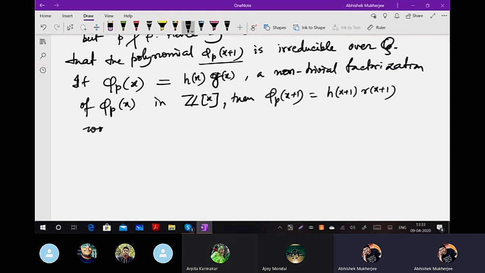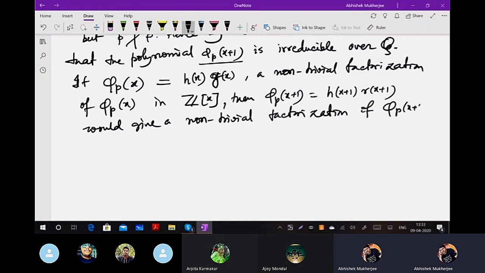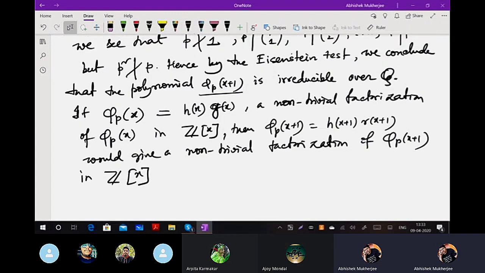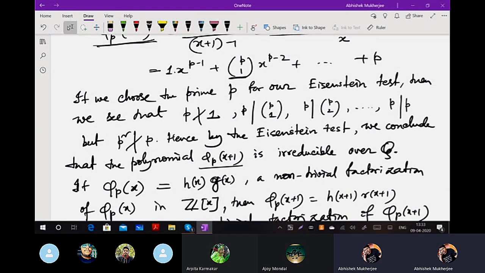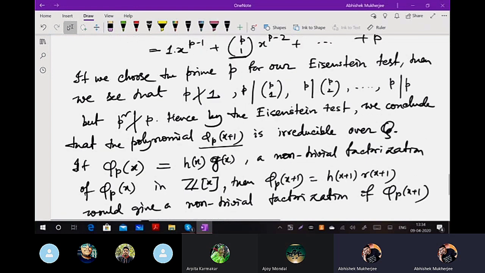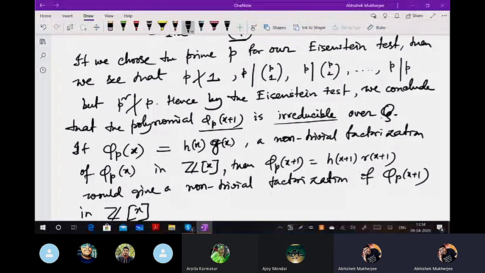And this will give a non-trivial factorization of phi p x plus 1 in the same ring Z[x] over the domain of integers. But what we have shown earlier is that this polynomial phi p x plus 1 is irreducible over Q. That is, it is also irreducible over Z[x]. Right?